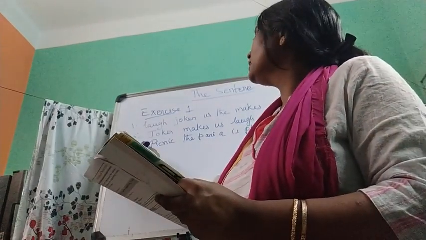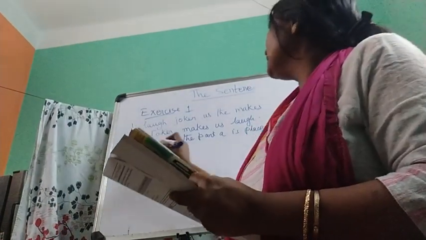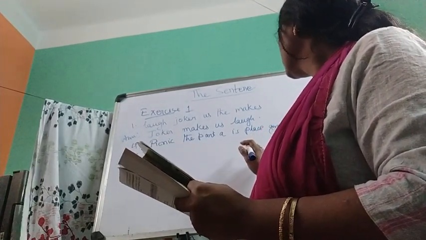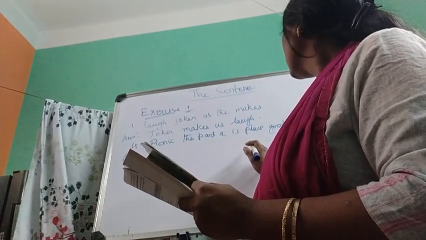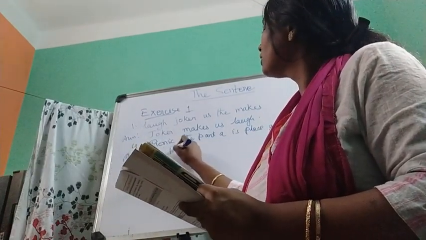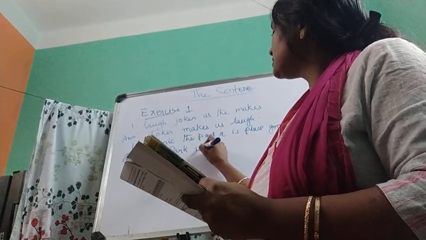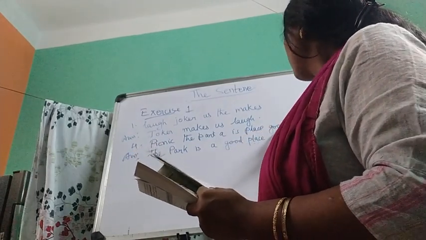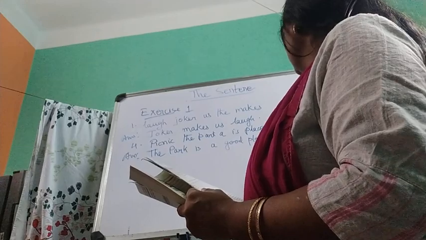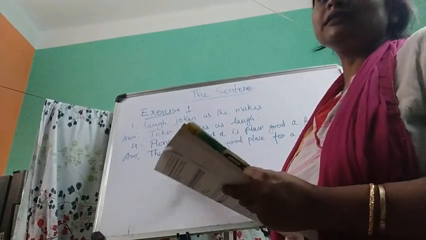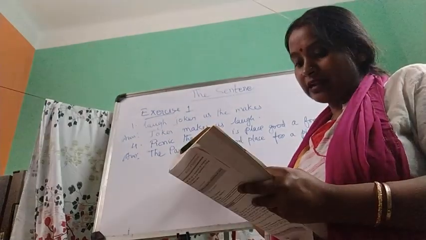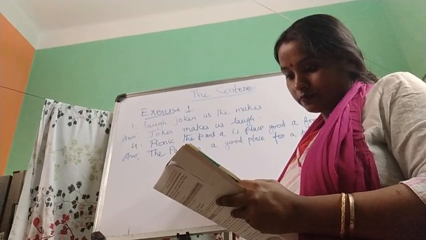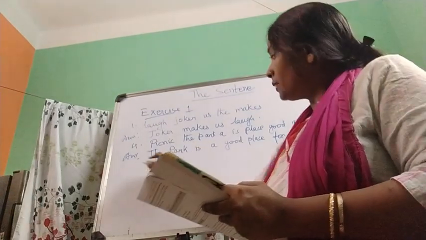Now the answer would be, the park is a good place for a picnic. Okay, the park is a good place for a picnic. This would be the answer, and then I would do number 7.